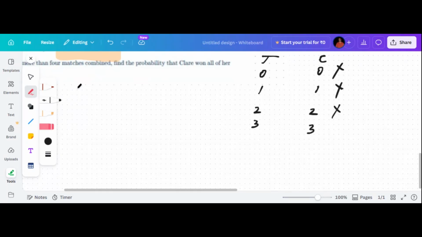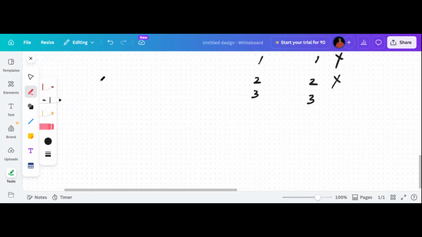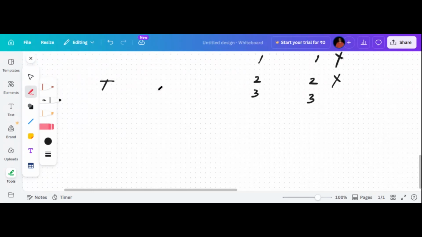So, I have Tom and Clara here. Tom can win 2 matches, Clara can win 3 matches. So the total will be 5. Accepted. Tom can win 3 matches, Clara can win 3 matches. Total 6.